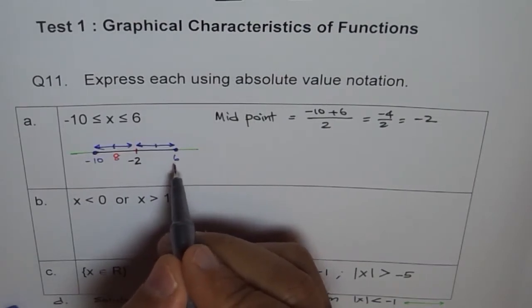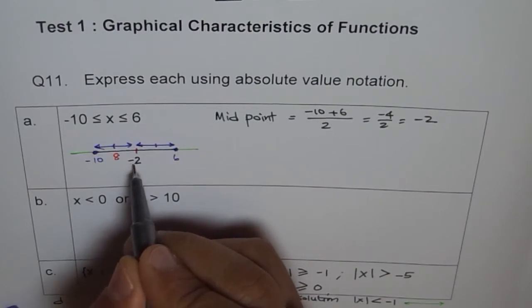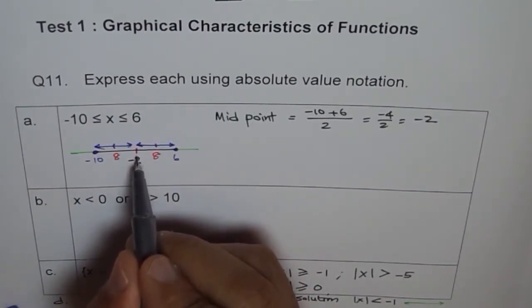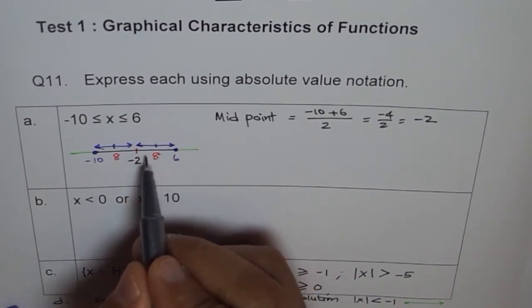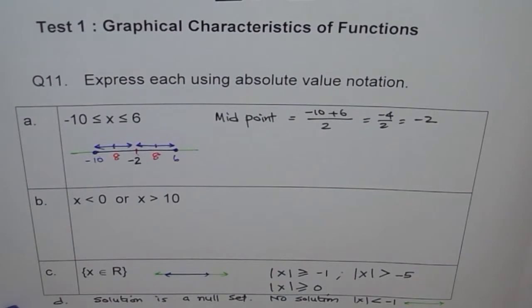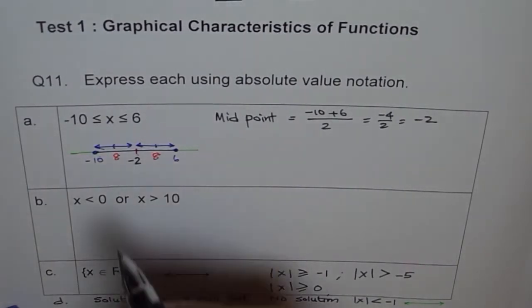Distance is always scalar, right? 6 minus minus 2 will also give us 8. So from this center, you are interested in values which are 8 units away on either side. And that gives us the definition of absolute x.